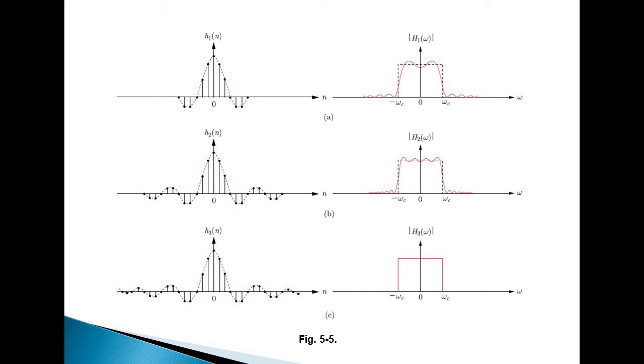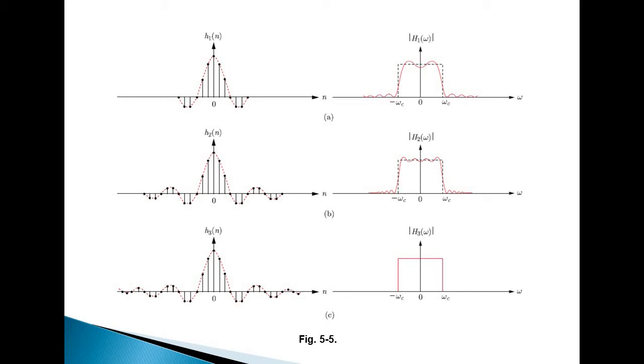See hd of n here, suppose only two side lobes are there. See how the ripple is present. As the attenuation goes on increasing, the ripple amplitude also goes on increasing, and if the number of coefficients is larger, we get closer to the ideal response. This figure shows the effect of the side lobes.